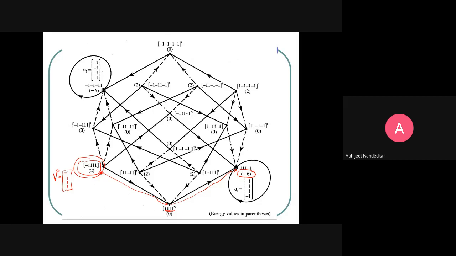Okay, that means this bit was changed from minus 1 to plus 1. So energy was 2, then energy has become 0, that is reduced. Then from this bit onwards, I am allowing second position to update. So it has gone to this position.